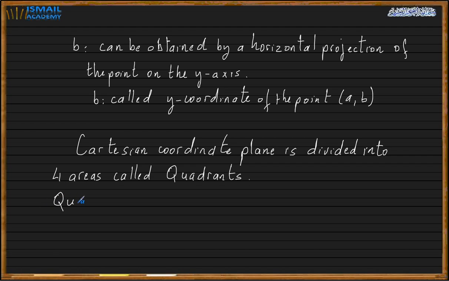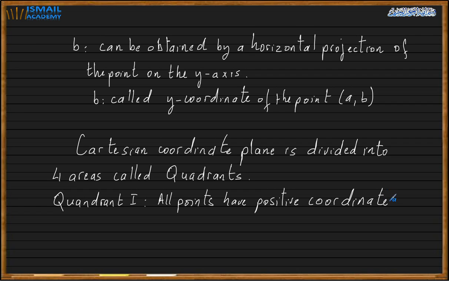The property of quadrant 1 is that all the coordinates are positive. This means all points have positive coordinates. So I just say it here: both of them are positive.